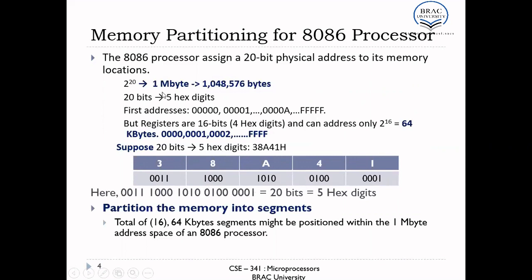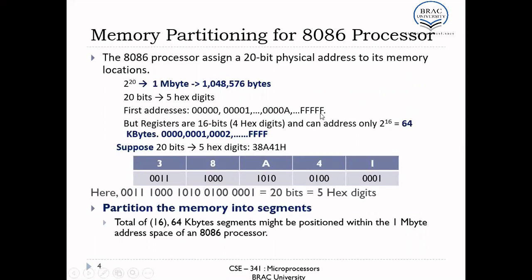So that is 20 bits to 5 hexadecimal, right? And we all know by these 5 hexadecimal digits, the lowest number that can be represented is 00000, and the highest value that can be represented is FFFFF, because they all consist of 5 hexadecimal digits.